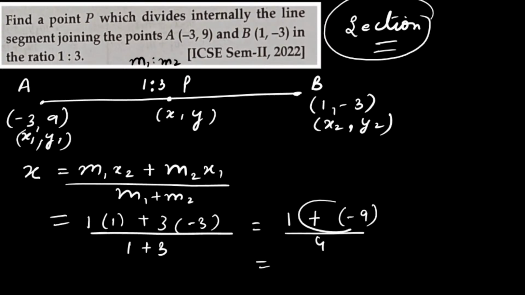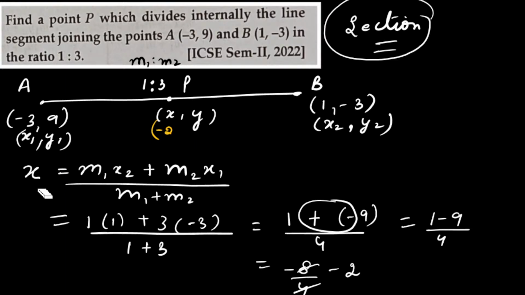Plus and minus, make two signs a single sign: minus. So 1 minus 9 is -8, -8 by 4. When you do -8 by 4, you will get the value of x as -2.